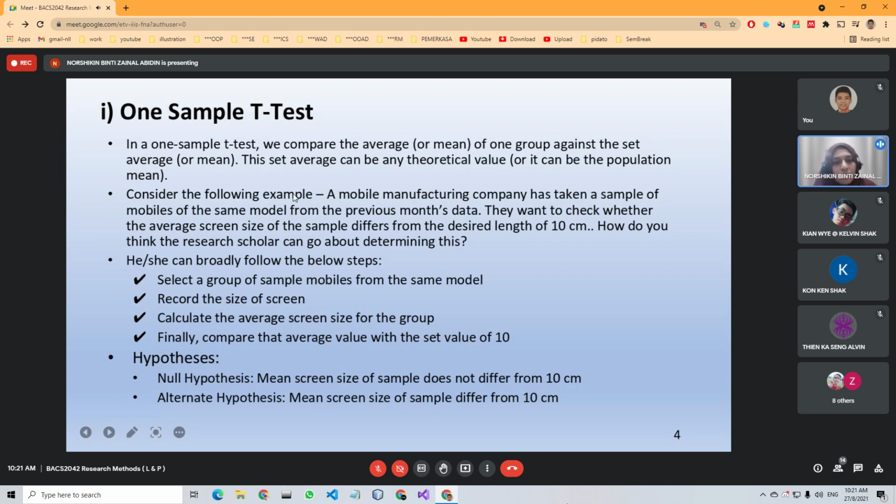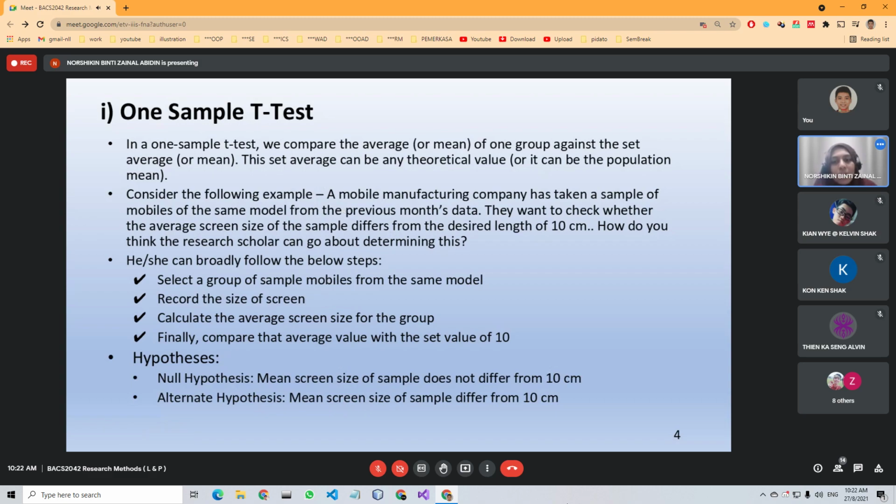Consider the following example. A manufacturing company has taken mobiles of the same model from the previous month's data. They want to check whether the average screen size of the sample differs from the desired length of 10 cm. How do you think the research scholar can go about determining this? These are the steps to conduct this research to achieve their objective.